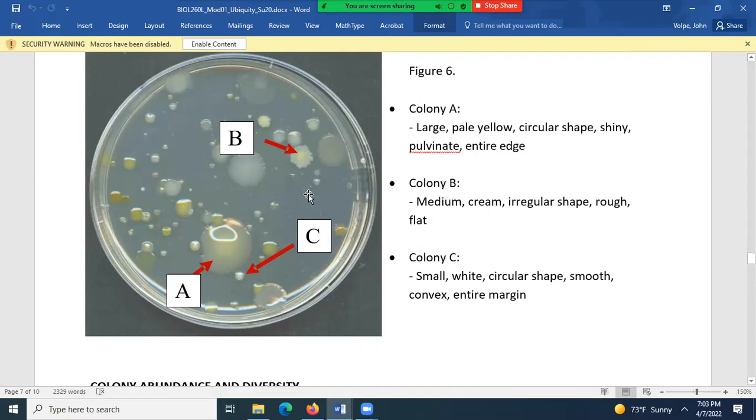And the diversity, this is going to be tough because there's so many there. 1, 2, 3, 4, 5, 6. No, that could be the same as that, but it could be different. So there's at least 6. Actually, that small white one would be 7. So there's at least 7 in the diversity.